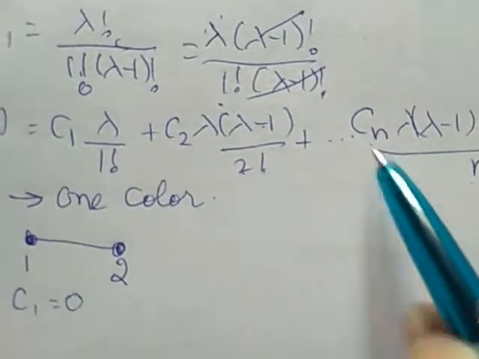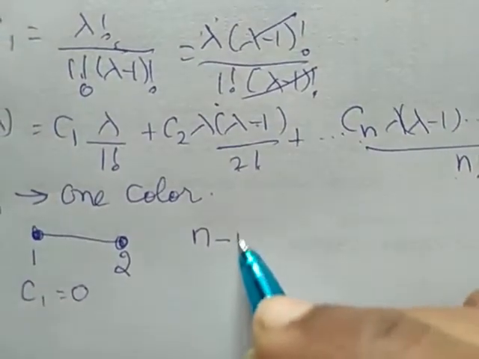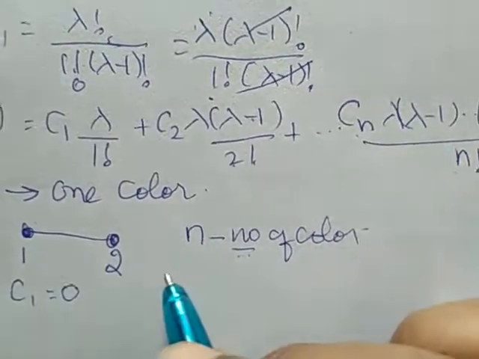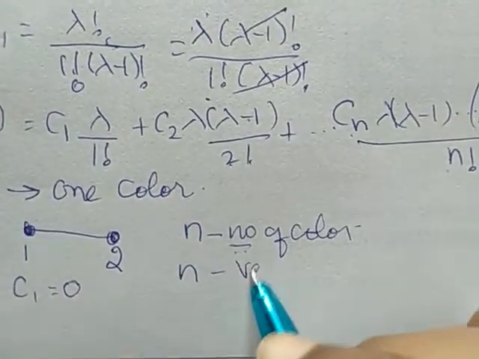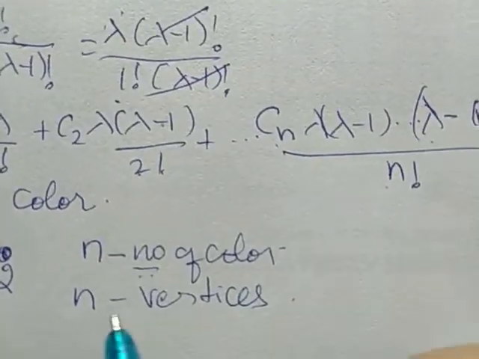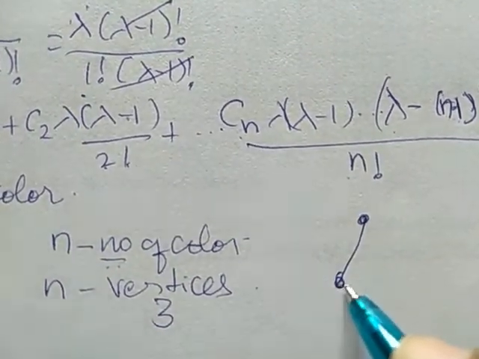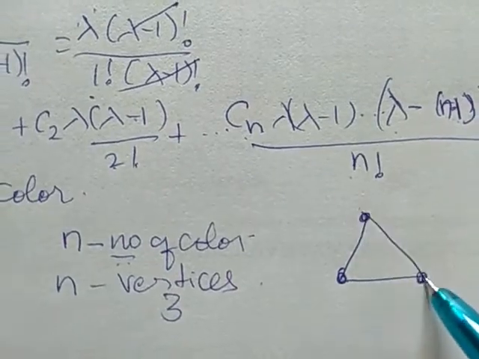Similarly, Cn means n number of colors and maximum vertices is n. For example, if I consider n as 3, this is one example.